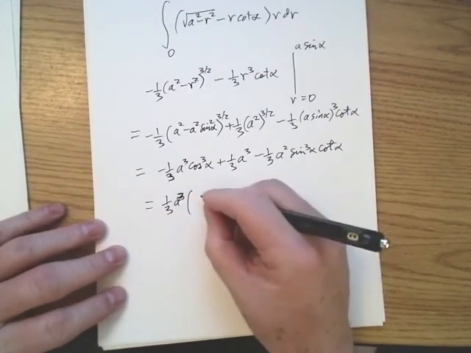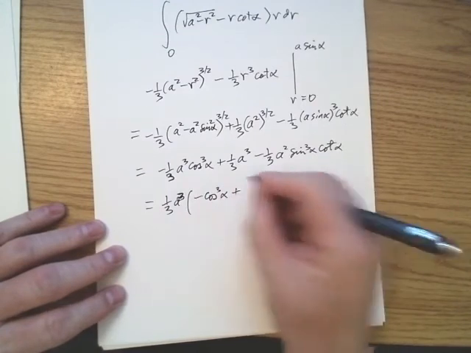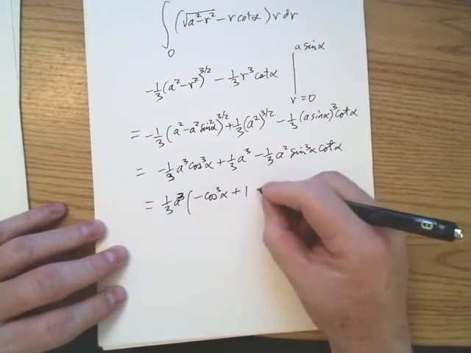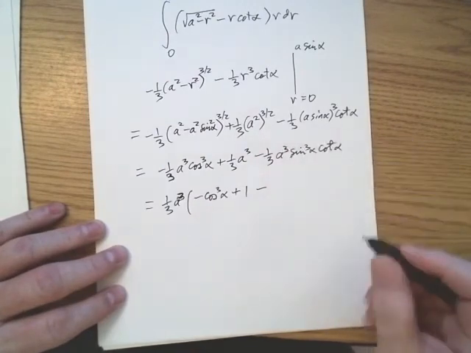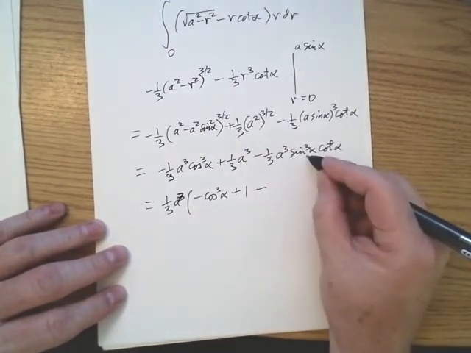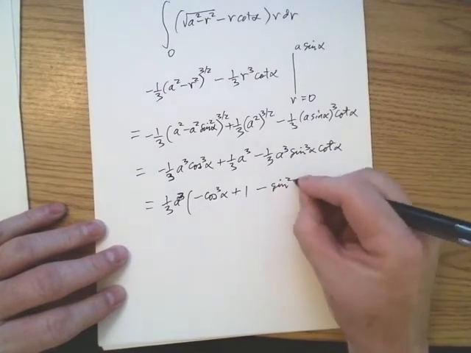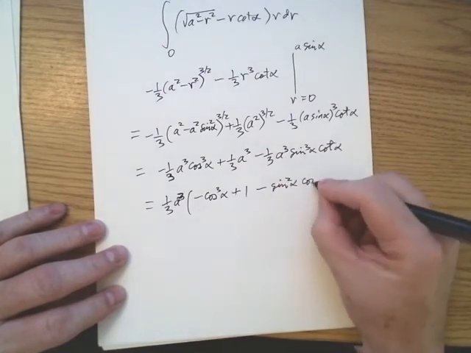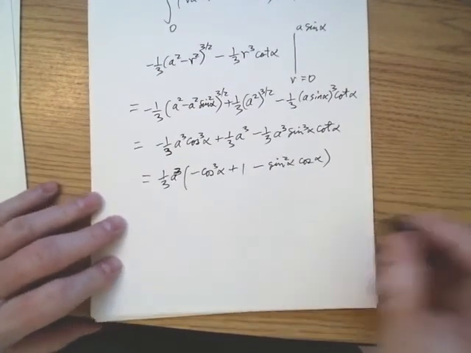And I've got what? Negative cosine cubed alpha plus 1 minus, that would really be what? That's a cube there, sorry. That would be sine squared cosine, wouldn't it? Because the cotangent is the cosine over the sine there.